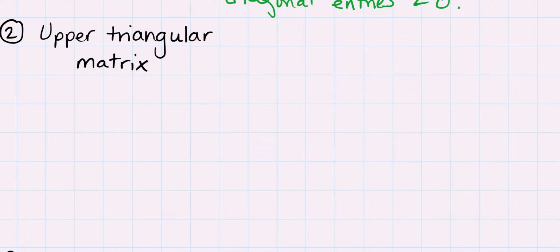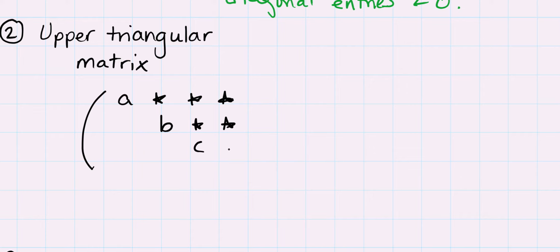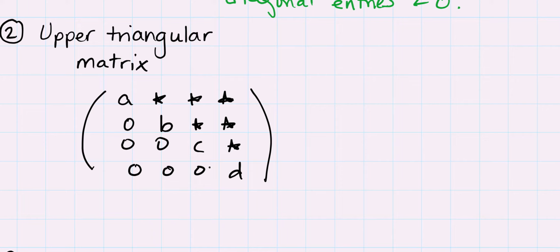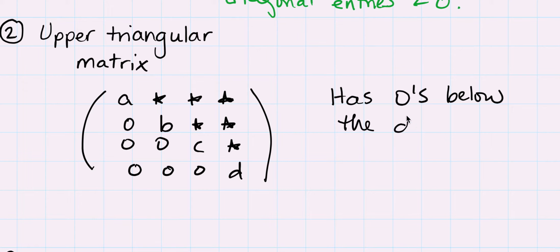What about an upper triangular matrix? So an upper triangular matrix looks like this. I'm going to put a bunch of stars here. So here's a 4 by 4 example, but you can generalize this to an n by n example. So an upper triangular matrix has zeros below the diagonal.